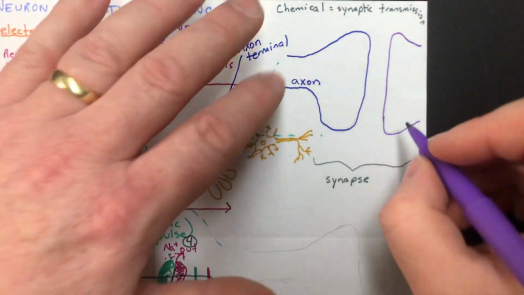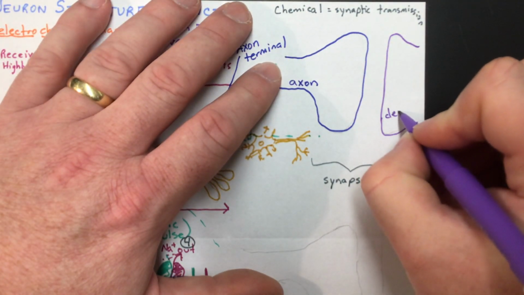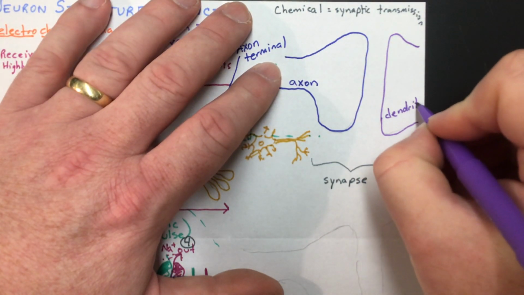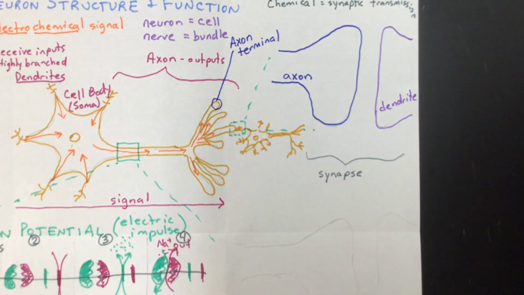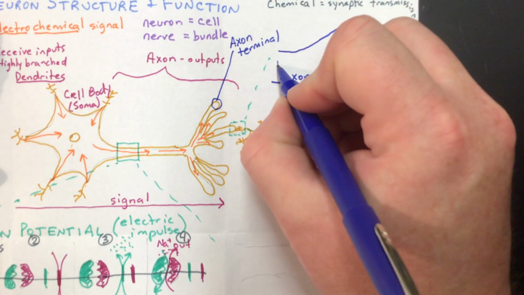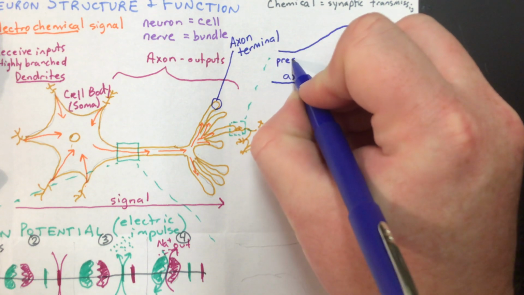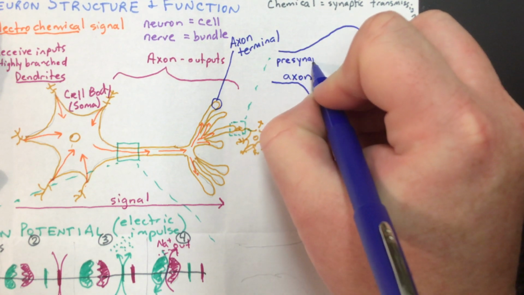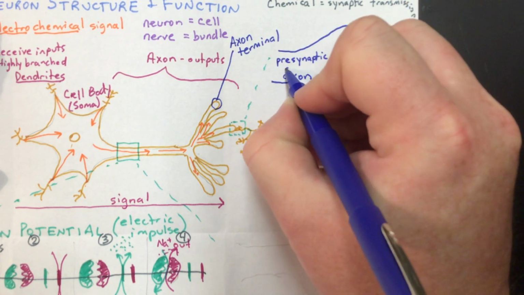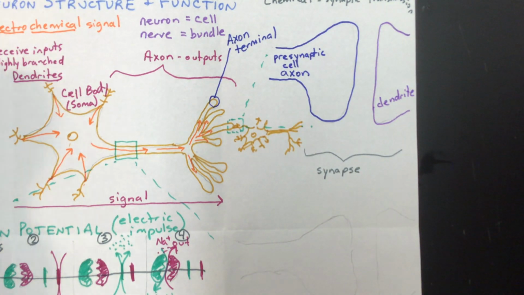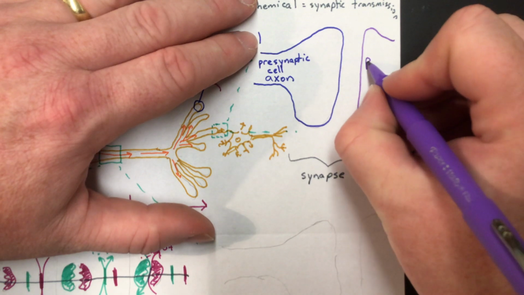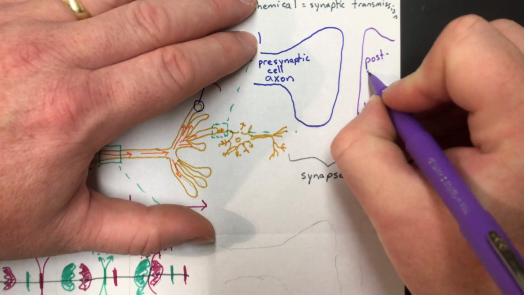Oh, I didn't really leave myself a lot of space. All right, so the dendrite of our next neuron there. We call this one the presynaptic cell. And we call this one, hopefully you got it, the postsynaptic cell.